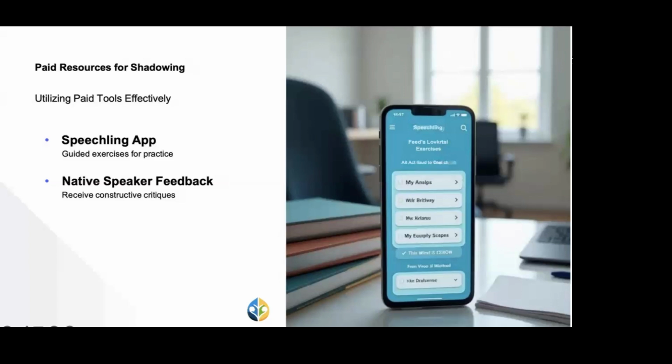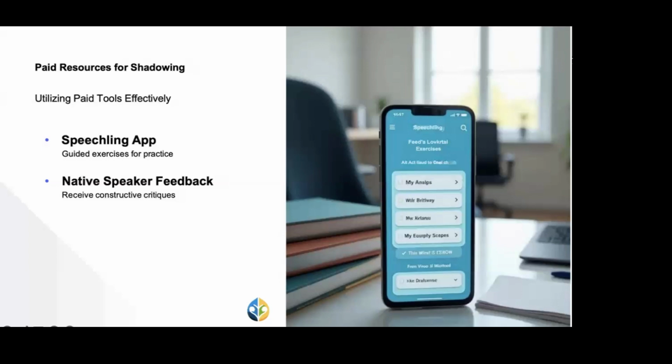One of the standout features of Speechling is this opportunity for users to submit their recordings and receive feedback from native speakers. Super, super useful. This direct interaction helps learners identify areas of improvement, such as intonation and rhythm, which are crucial for effective communication.